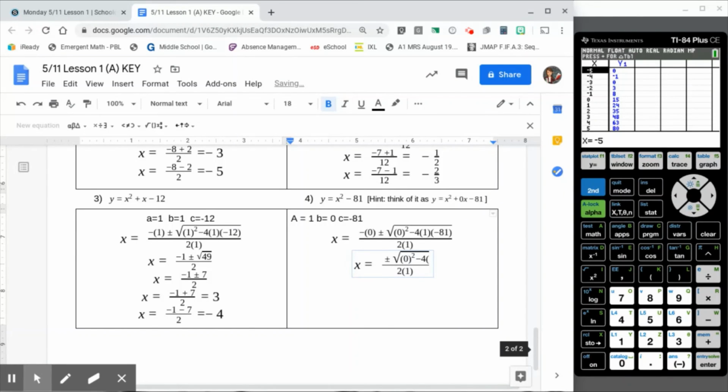You should get 324. And in the bottom, 2 times 1 is just 2. Let's simplify that square root of 324, which is 18.